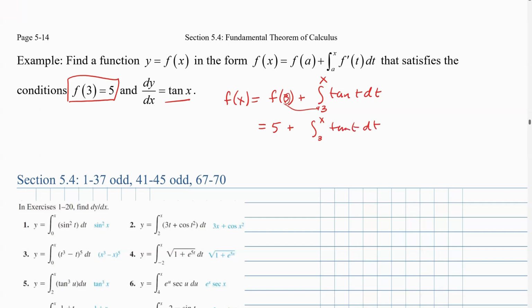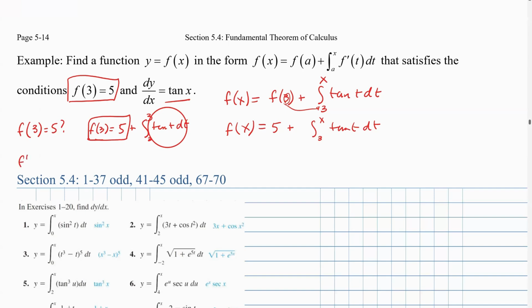Now, does this function really have the attributes that I want it to have? For example, does f of 3 equal 5? Well, f of 3 is equal to 5 plus the integral from 3 to 3 of tangent t dt. Whoa, wait, this is equal to 0. Yep, f of 3 is equal to 5.